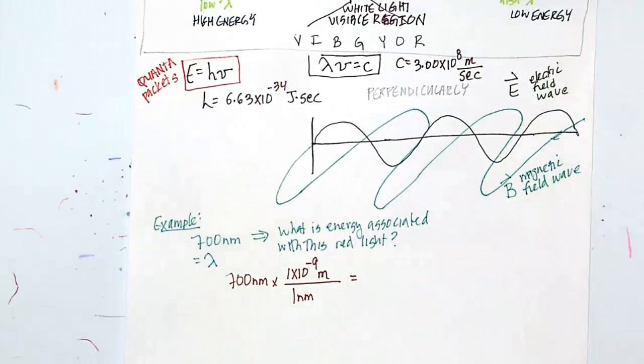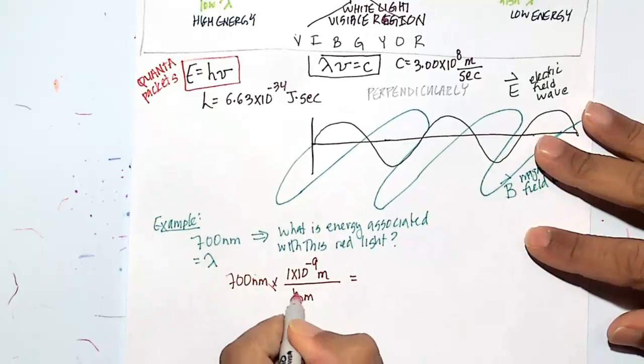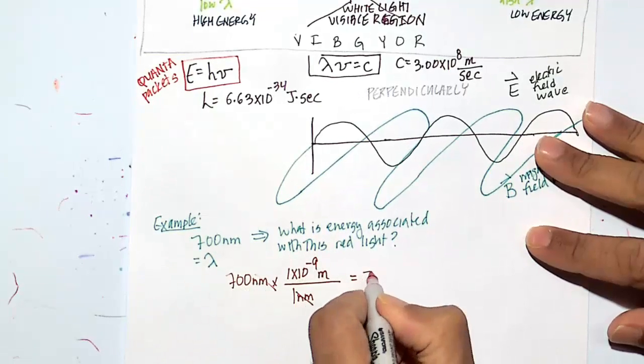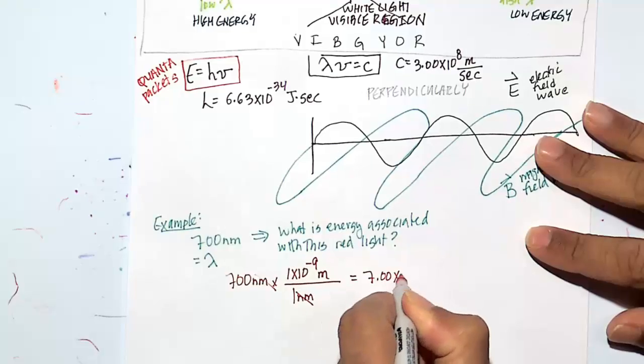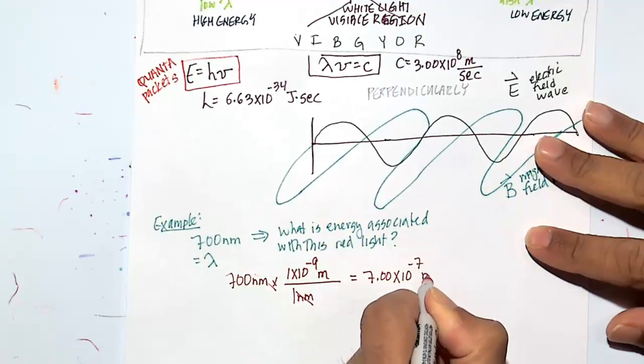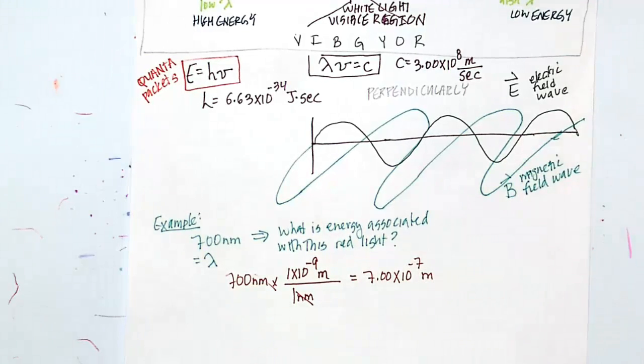So that's the conversion factor that you guys should know. The nanometers cancel. So this gives us 7 times 10 to the minus 7 meters. So I'm converting it to customary units of meters. So that's the red light, coming to you at this wavelength.